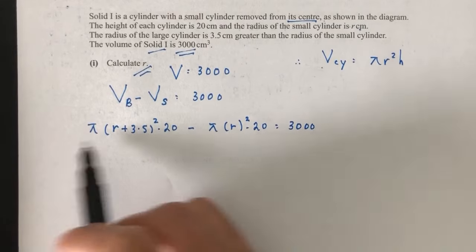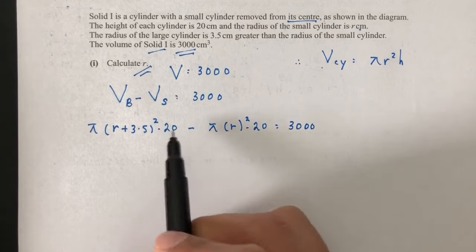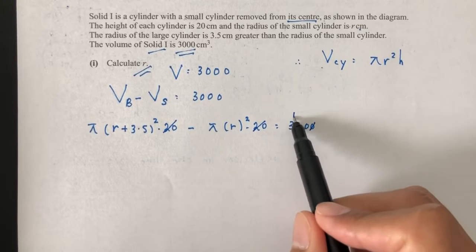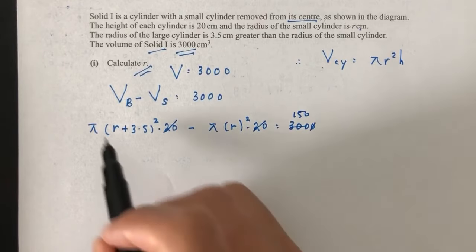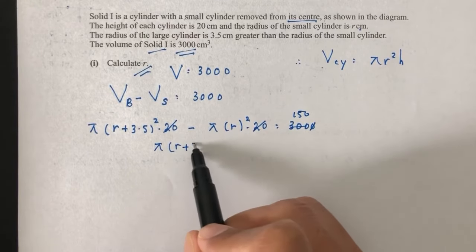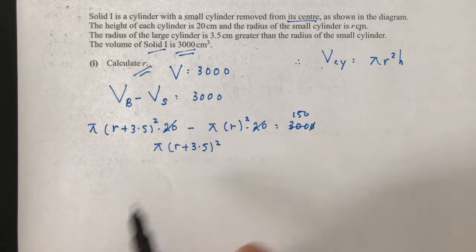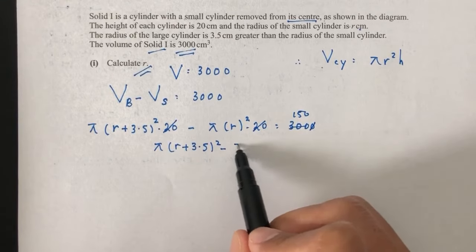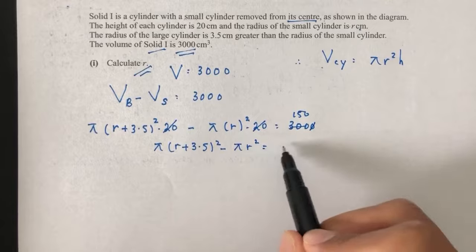So let's simplify this. Divide by 20 everywhere. That will give me 150. Then we have pi left and (r plus 3.5) square minus pi r square equal to 150.